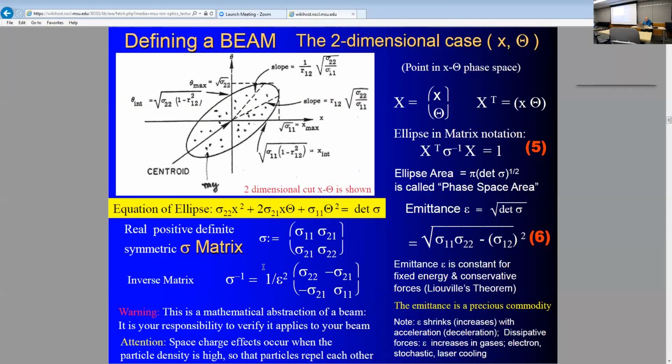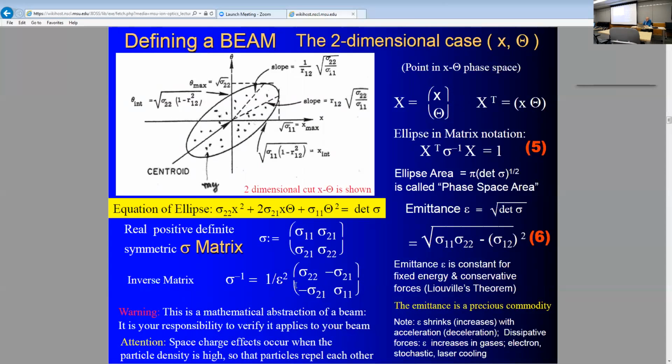So you can use this. If you then use the column vector, x theta, and the transposed vector, which is a row vector, x theta, then you can write the ellipse in this matrix form, where sigma minus 1 is the inverse matrix, which you can create from there to there by doing this.